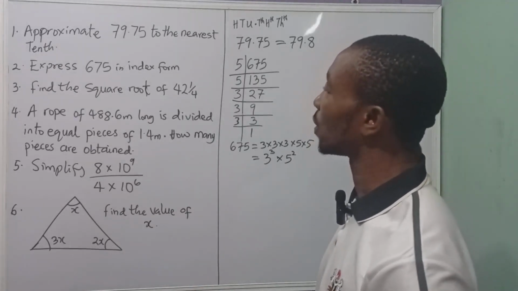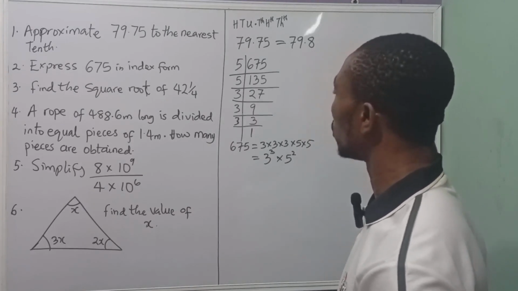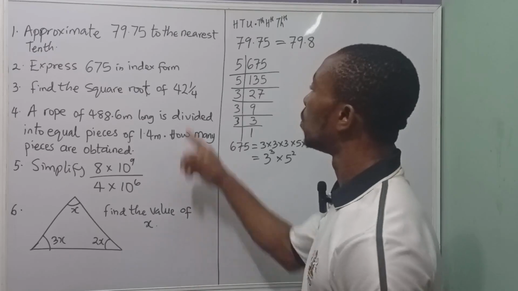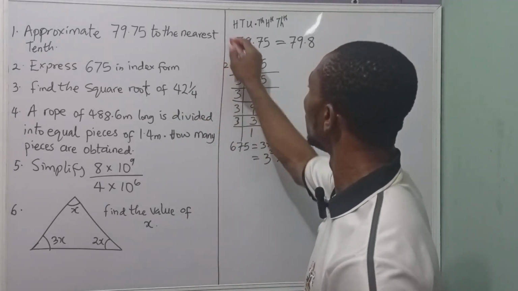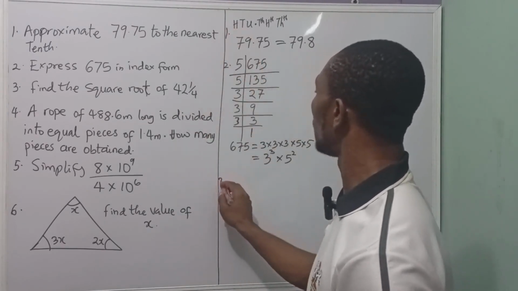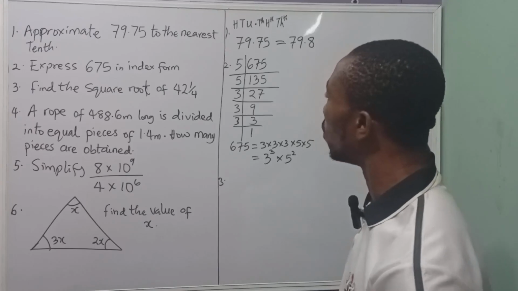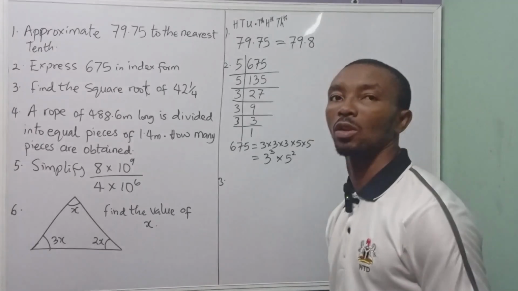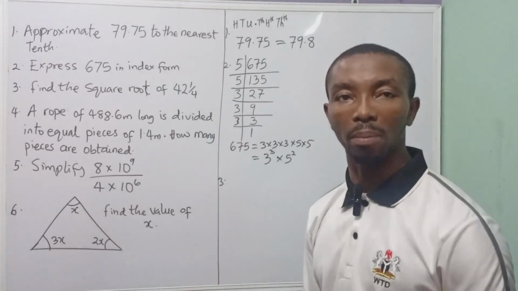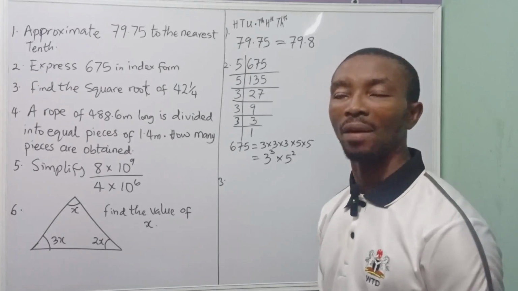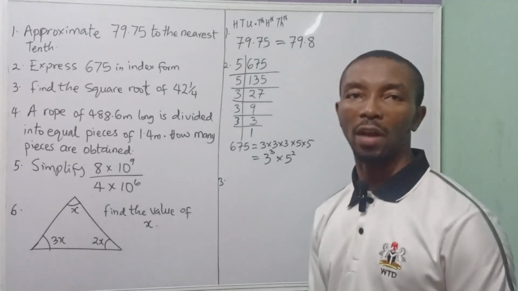The next question says, find the square root of 42 1 over 4. In order to find the square root, first of all, we have to change our mixed number to an improper fraction.